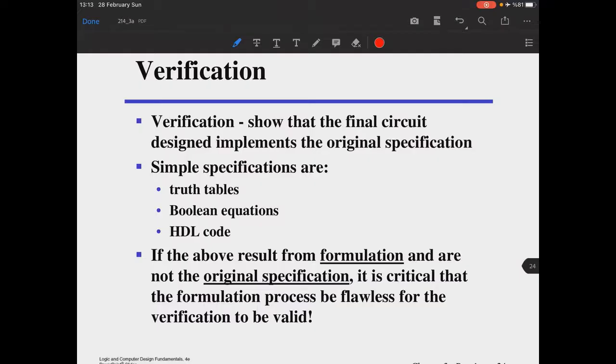If the specification is the result from formulation and not the original input-output matching, it's critical that the formulation process should be flawless.